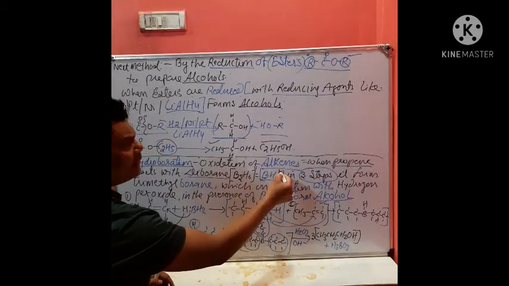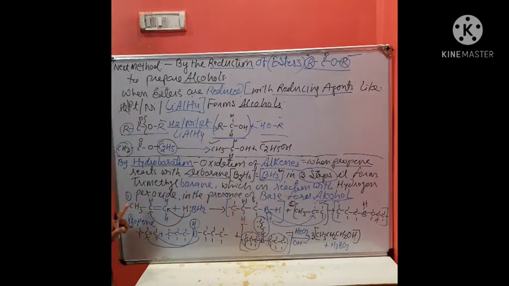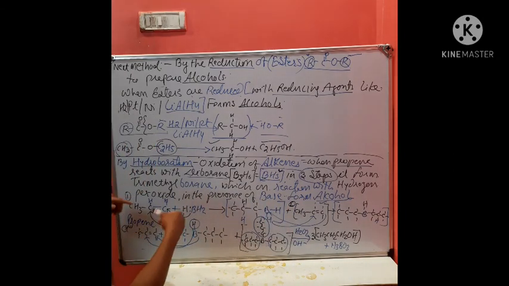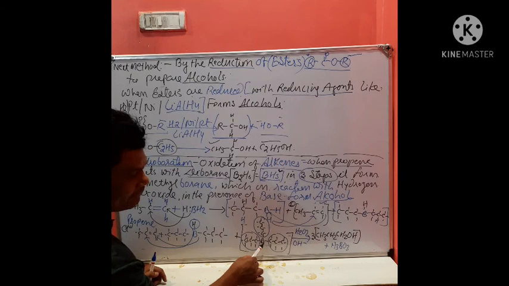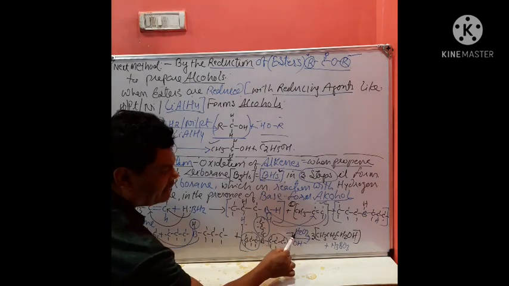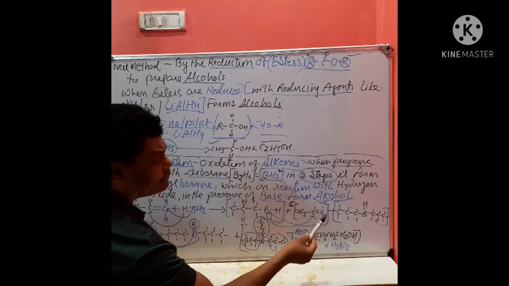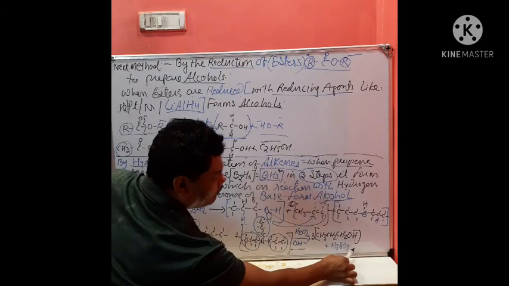Because there are 3 hydrogens, so each hydrogen combines with 3 molecules of propene: first molecule, second molecule and third molecule of propene. When the addition takes place, it forms tripropyl borane, which on reaction with hydrogen peroxide in the basic medium forms the final product. What is the final product? Alcohol and boric acid.